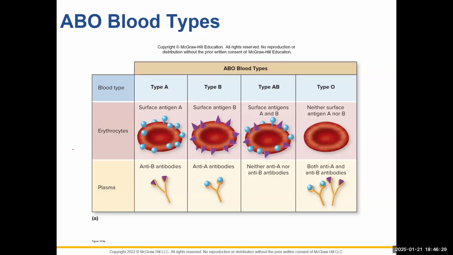Otherwise, you destroy your own cells. Type AB blood has both surface antigens, but it does not contain any antibodies. Type O blood does not have any surface antigens, but it contains both types of antibodies, anti-A antibodies and anti-B antibodies.